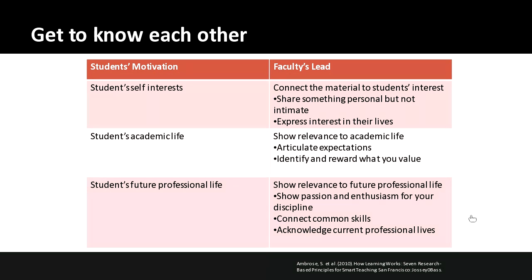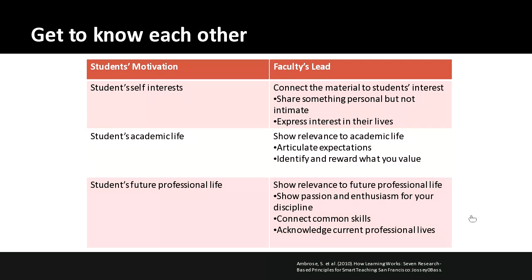The next thing that's very motivating for students is their academic life. They're in higher ed, learning more, and they want to enrich their academic life. There are a couple of ways that the faculty can take the lead on tapping into the students' academic life motivation.